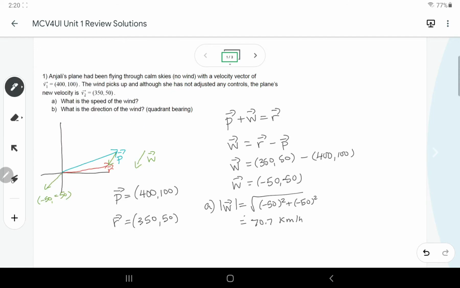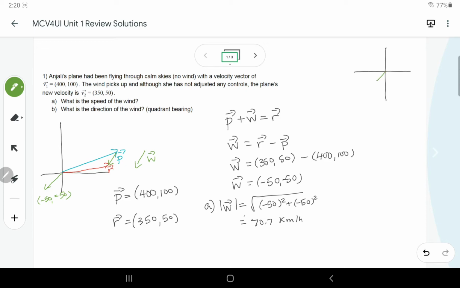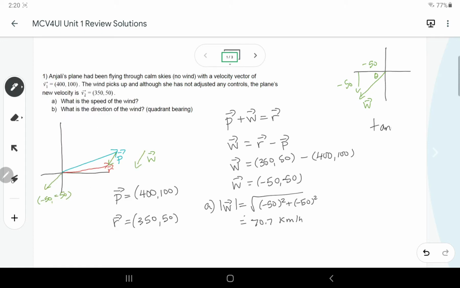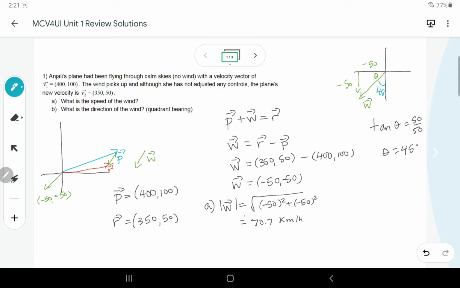But I'm going to show the work by looking at where that vector would be, just because it won't always be that case. So I would find my theta in there, with negative 50 in the x and negative 50 in the y. I would just use these as positive because I'm only looking at the magnitude really. So tan theta is 50 over 50, so theta would be 45 degrees. That also means the angle out here will also be 45 degrees.